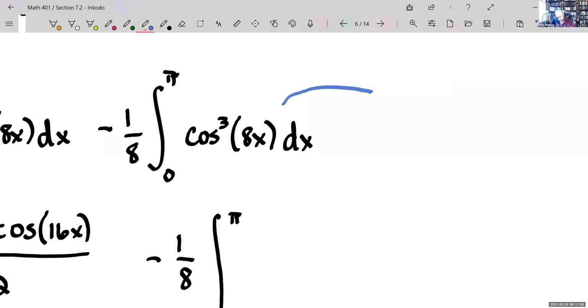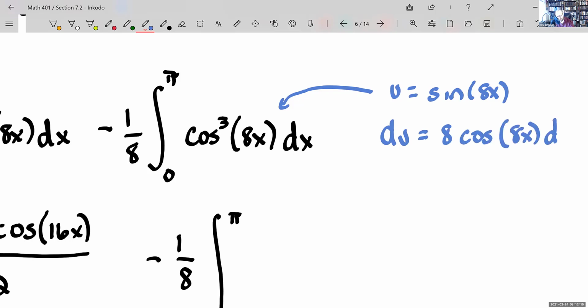In this case, I would let u equal the sine of 8x, so that du can steal away a power of that cosine. So that forces that power on that cosine to be even. So you could totally do that.